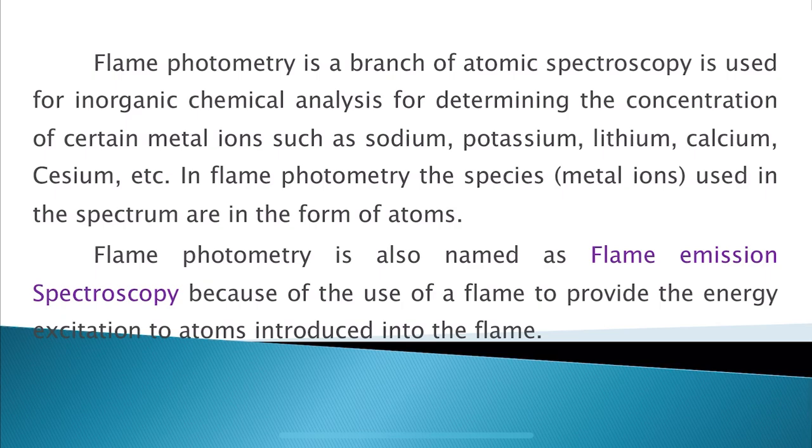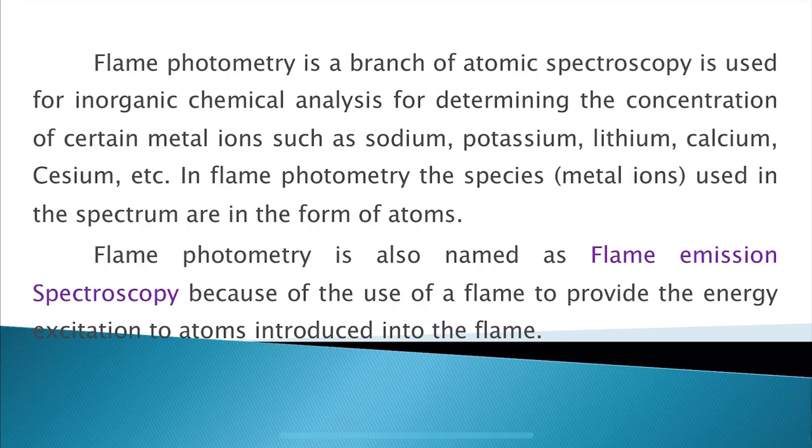Mainly group 1 and group 2 metals are quite sensitive to flame photometry, due to their low excitation energy. So flame photometry is an instrument used to determine the concentration of metal ions. That is the main part we have to understand here, especially for the group 1 and group 2 elements of the periodic table.